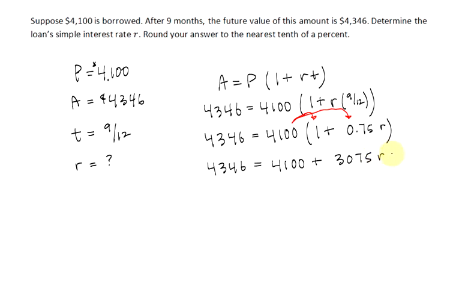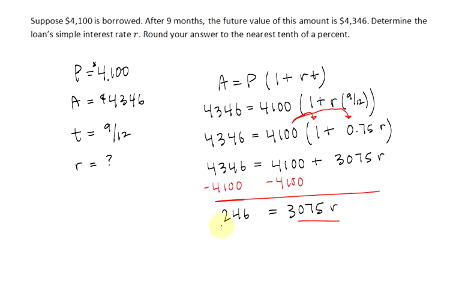So to isolate R on the right hand side, our next step is to subtract 4,100 from both sides. On the left side, that leaves us with 246. And on the right side, that leaves us with 3,075 times R. Our final step to solve for R is to divide both sides by 3,075.